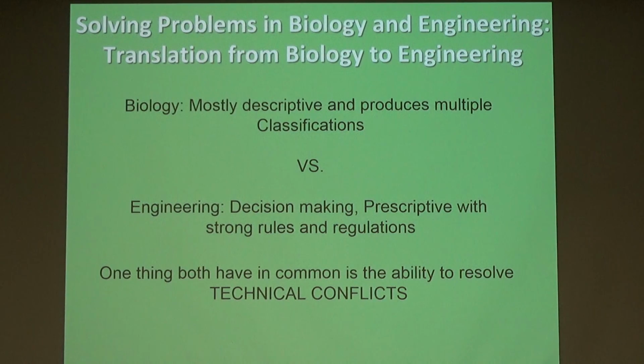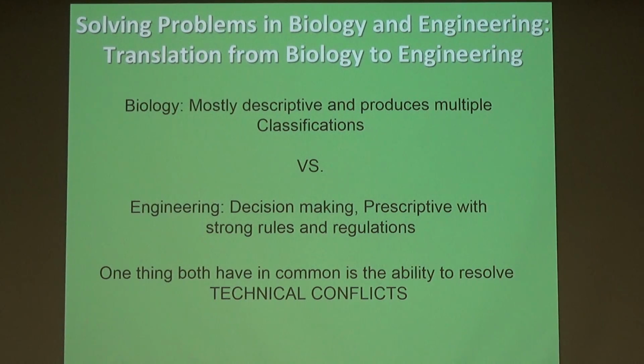This is important to grasp, because if we understand the differences, then we can come to some kind of resolution and make that translation process easier. So in biology, problems are solved, and I mean problems of designing function and surviving, mostly descriptively, and it produces multiple classifications.